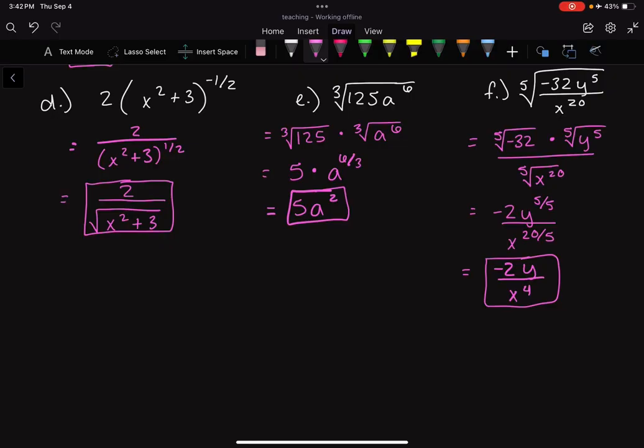Next up in our notes, I want us to talk about simplifying radicals when they're not perfect.